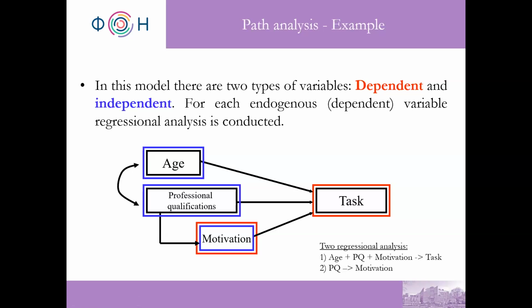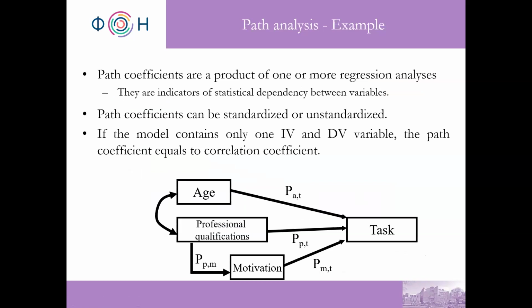So this is also something which makes SEM analysis stand out from, let's say, regular linear regression analysis. So what is the output of our SEM analysis? Well, it's nothing else than regression coefficients.